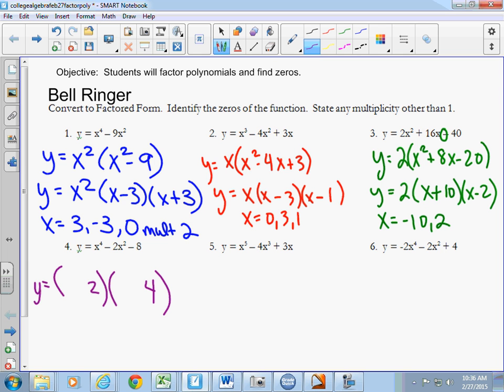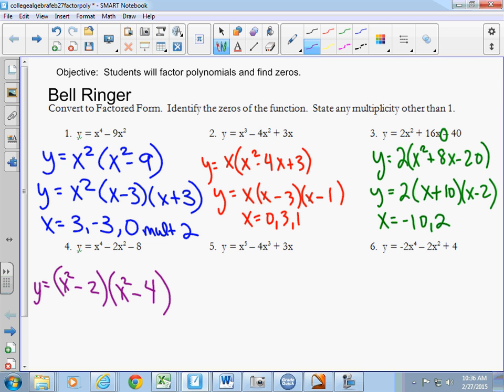What times itself gives you x to the 4th? X squared. Would you agree that x squared is what I'm going to have there to get an x to the 4th?